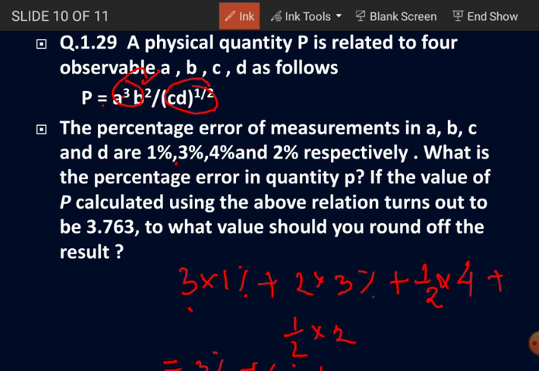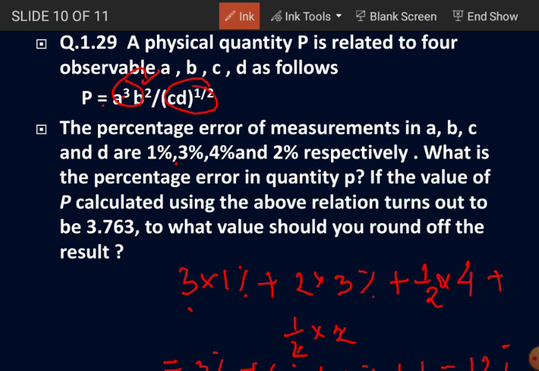Next, if you cancel this half with this 2, it will be 2%. Next, the 2 cancels, so it will be 1%. So how much is it? 3 plus 6 is 9, 10, 11, 12. So it will be equal to 12%. So the relative error in the measurement of P will be equal to 12%. Got it? So this will be the answer or the solution for this question.